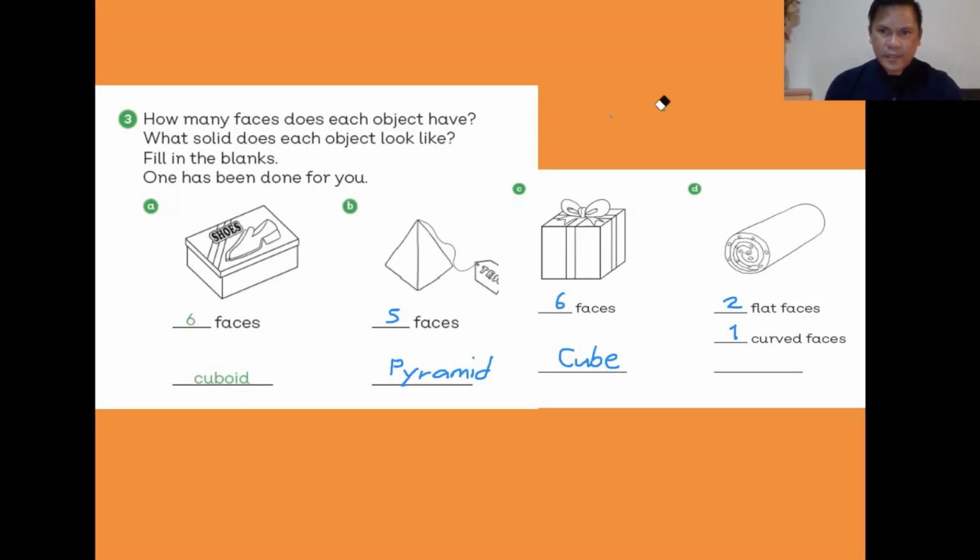What is the name of this object? What do you call this object? We call it a cylinder. So we will write cylinder.